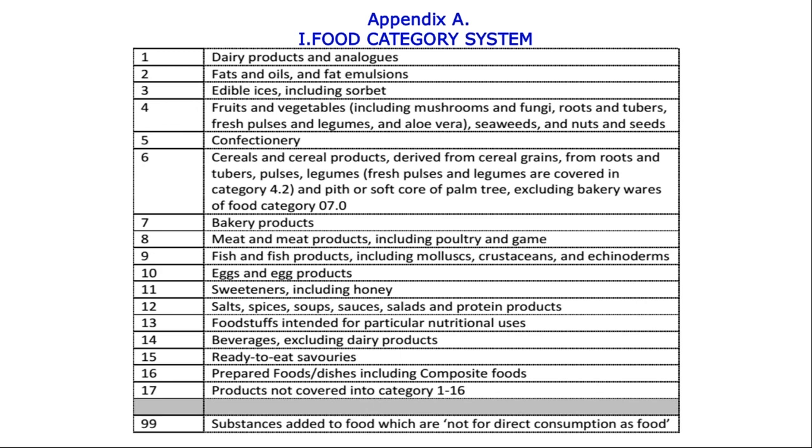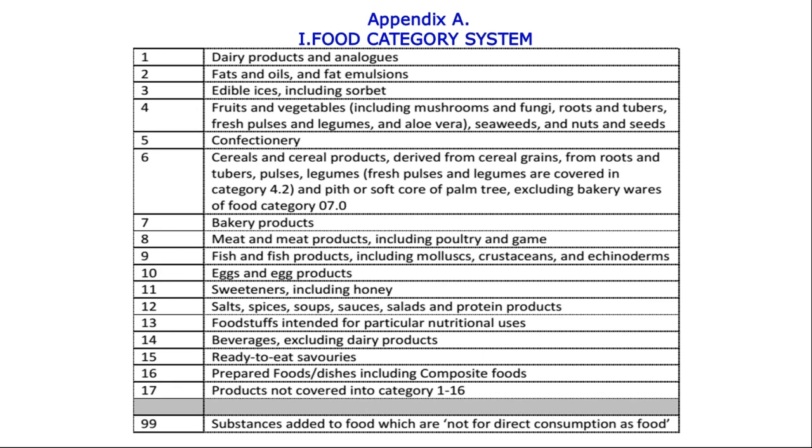In the food category system, all the food is categorized. We have 17 categories of food, and under each category, you will see there are several subcategories. Those of you who have seen the Indian Food Code, the IFC, will see that we have a major category, then a subcategory, then a sub-subcategory.